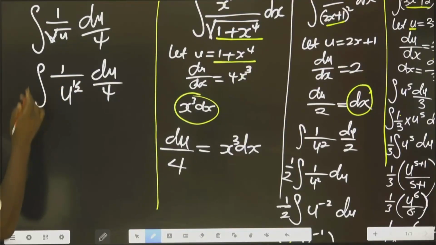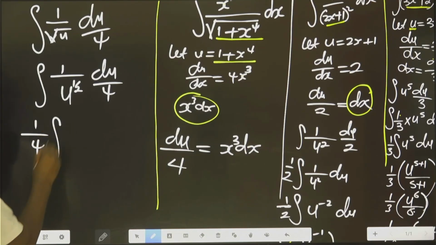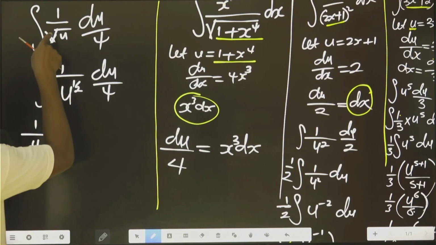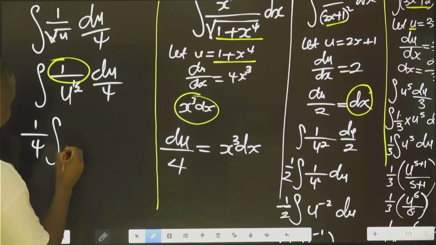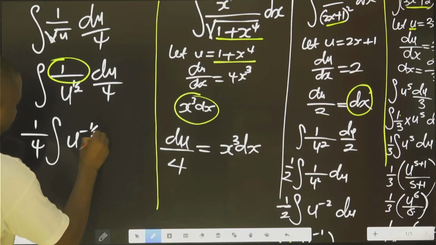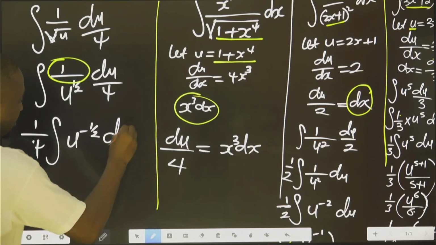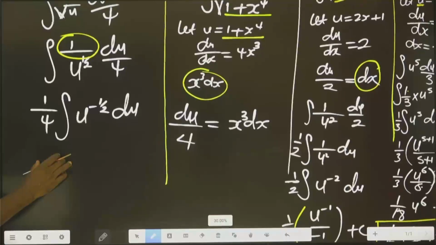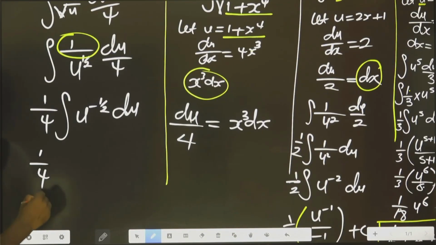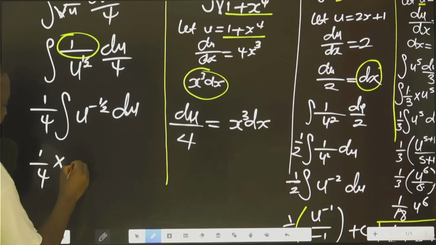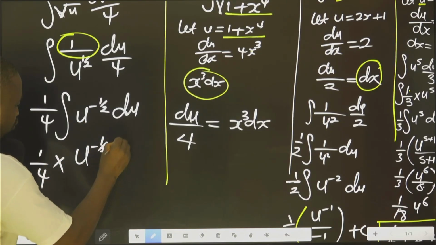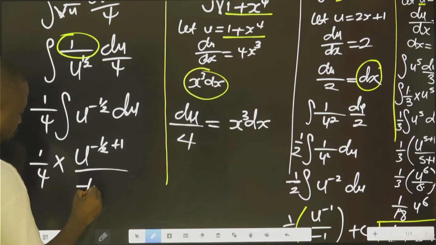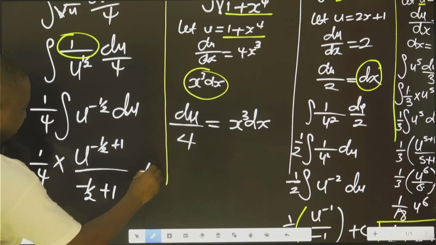Now, we can bring 1 over 4 out. We replace this one with minus 1 over 2, using indices, du. So with this now, we can integrate by saying 1 over 4 multiplied by u to the minus 1 over 2 plus 1, over minus 1 over 2 plus 1, plus c.